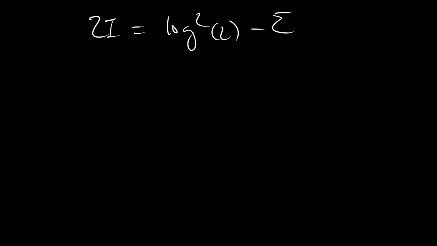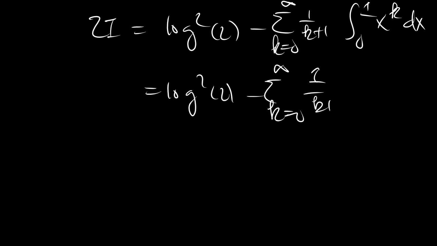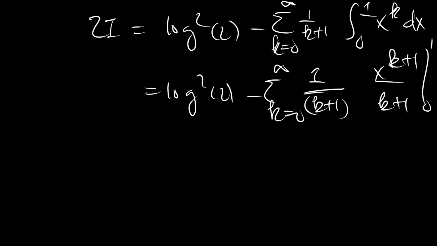Okay, so 2I equals the square of log 2 minus the summation from k equals 0 to infinity of 1 over k plus 1 times the integral from 0 to 1 of x to the k, which gives x to the k plus 1 over k plus 1 from 0 to 1.